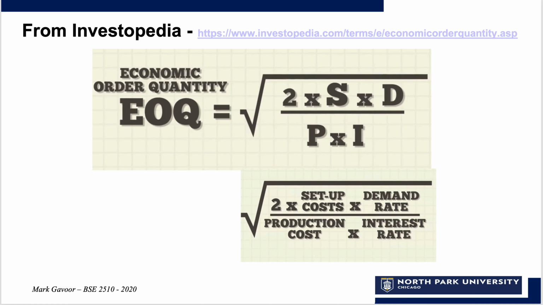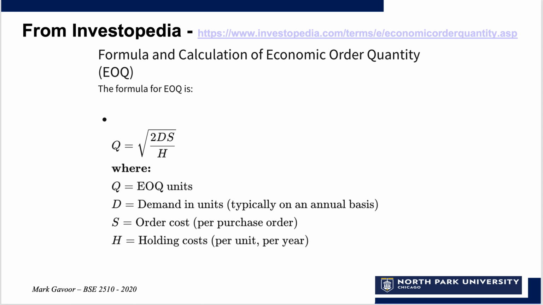Good for us. Now, if you're looking at manufacturing, it looks like this. Economic order quantity. And there's a video in the Investopedia article which you can go look at. And I'll put a reference to the article and then you can watch the video. It's only 1:37, not as grueling as having to watch my 1 hour jobs. It's the square root of 2 times S times D divided by P times I. Well, let's look at what the 2 is absolutely the same, right?